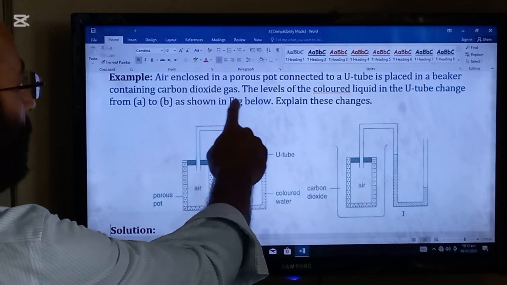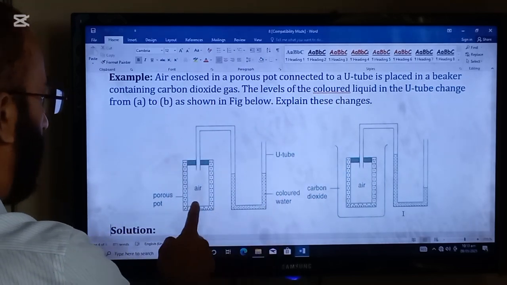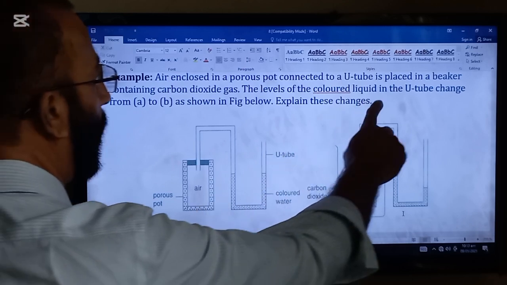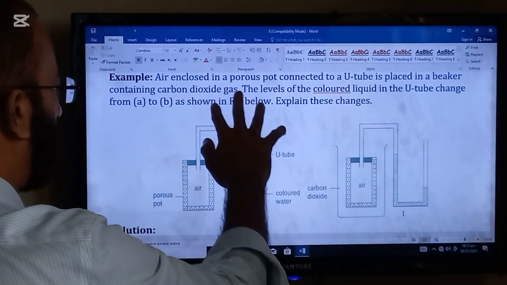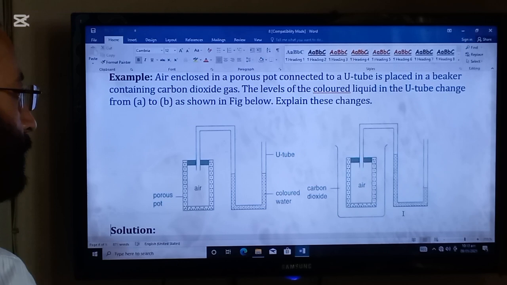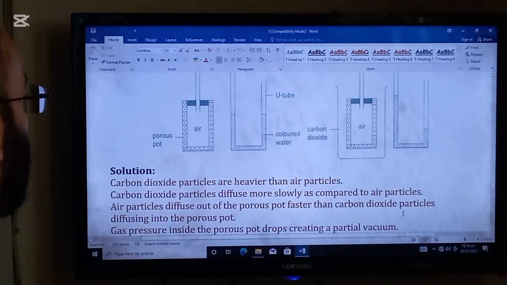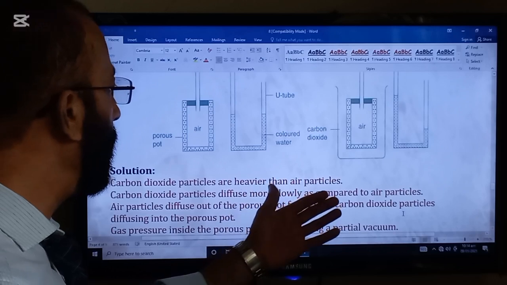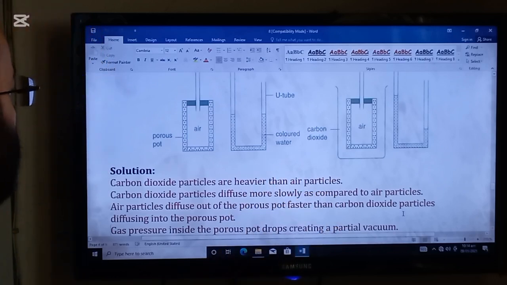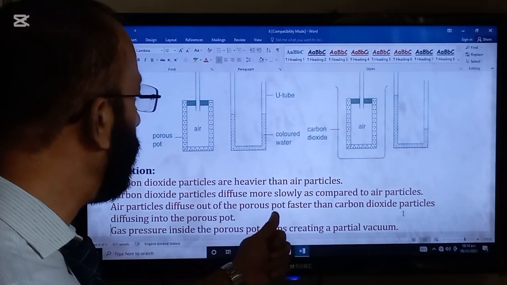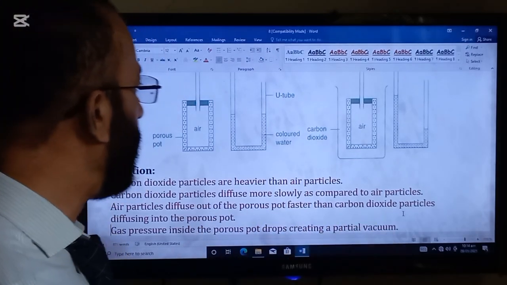So air is enclosed in the porous pot connected to the U-tube. Here is a porous pot in a beaker containing carbon dioxide. So carbon dioxide particles are heavier than air particles. Carbon dioxide particles diffuse more slowly as compared to air particles.